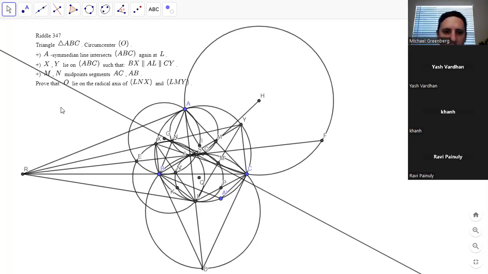Should we use Casey's theorem? Construct with LMY also.